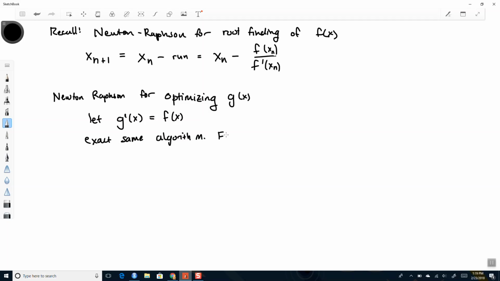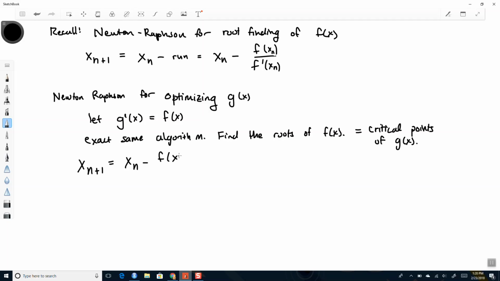We want to find the roots of f of x, and these will equal the critical points of g of x. So x at time n plus 1 is going to be x at time n minus f of x at time n divided by f prime at x at time n.